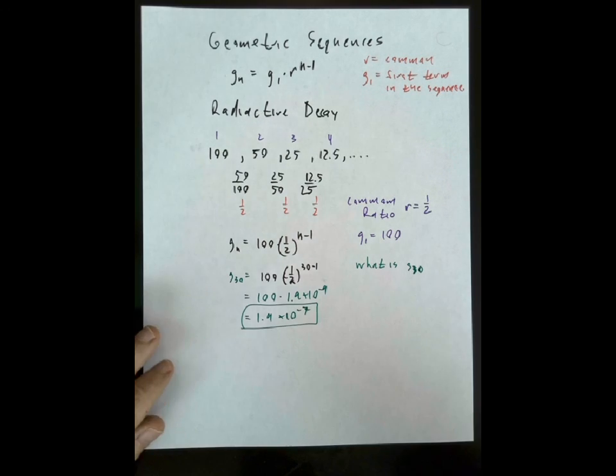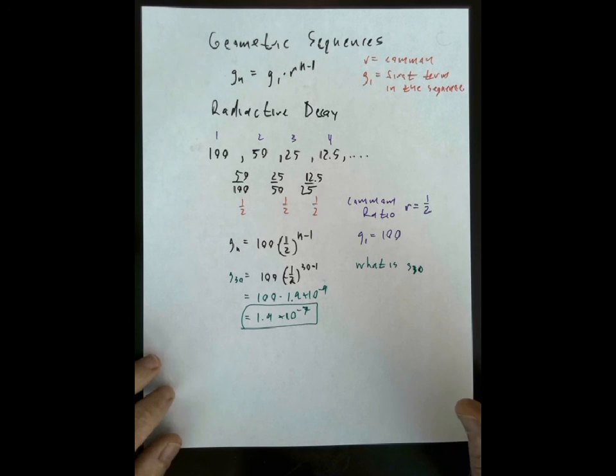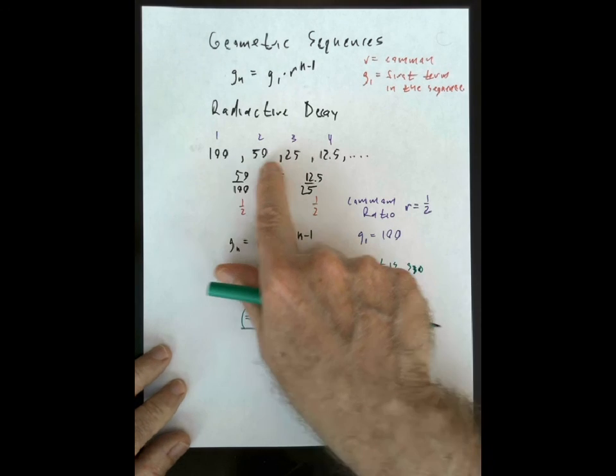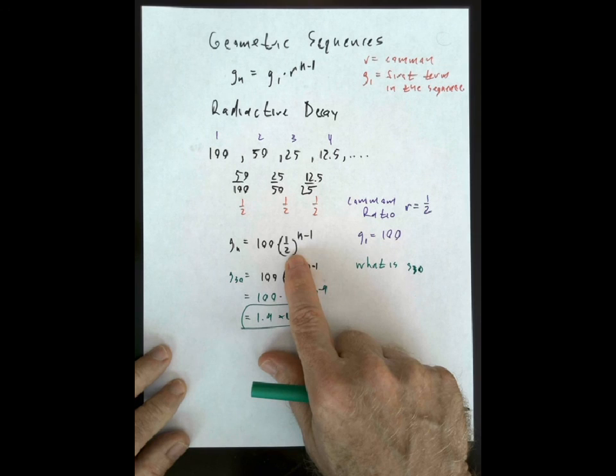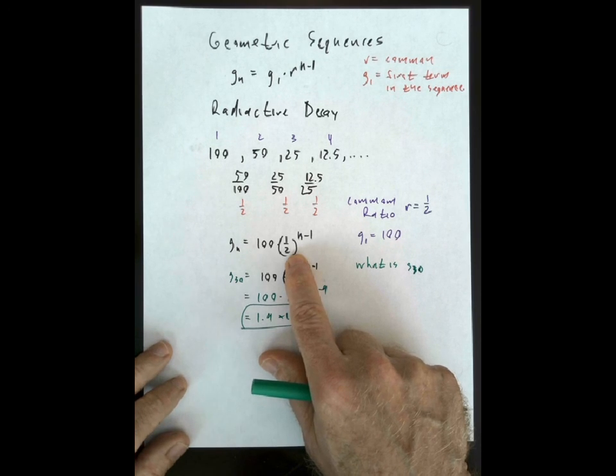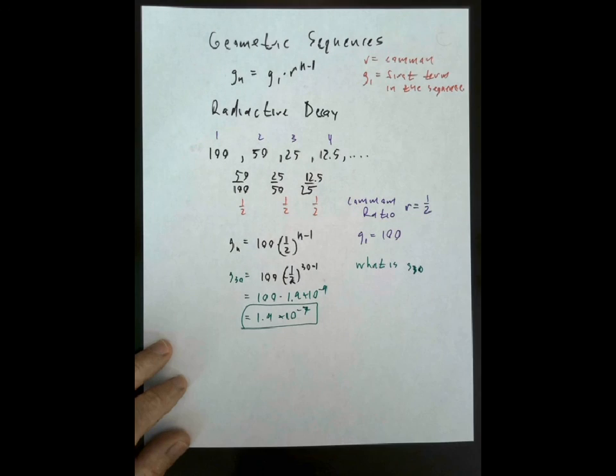Okay, notice that with geometric sequences, if it's counting down, that is, if the values are getting lower, the common ratio will be a fraction. We called that a decay function when we were talking about exponential functions.